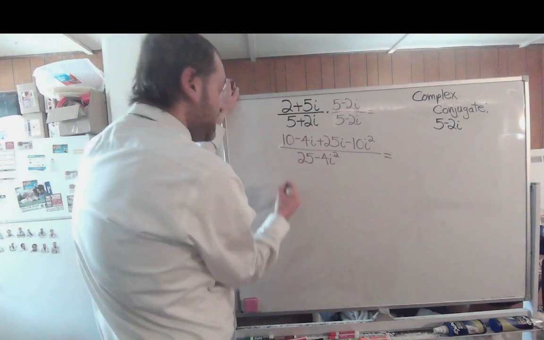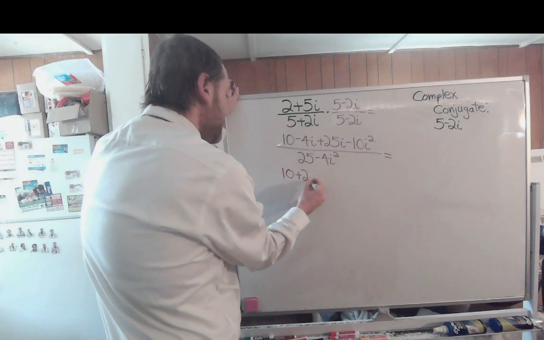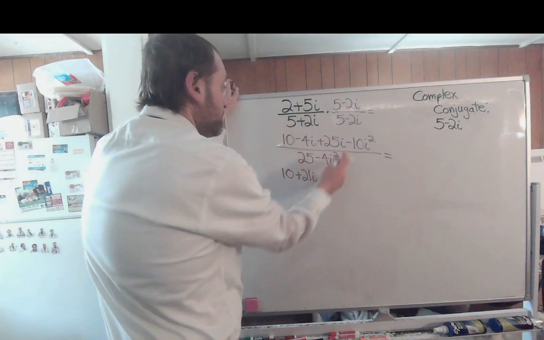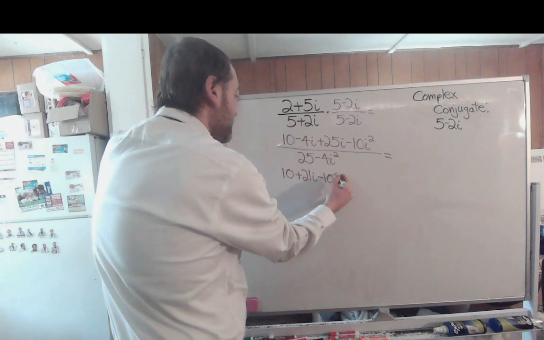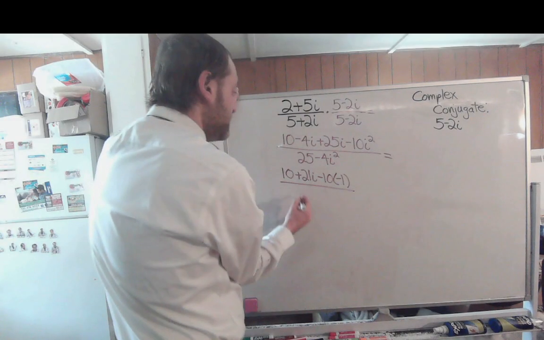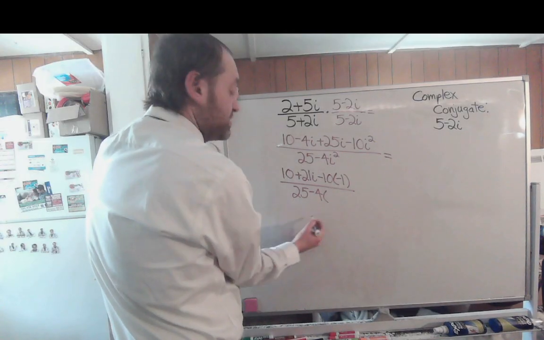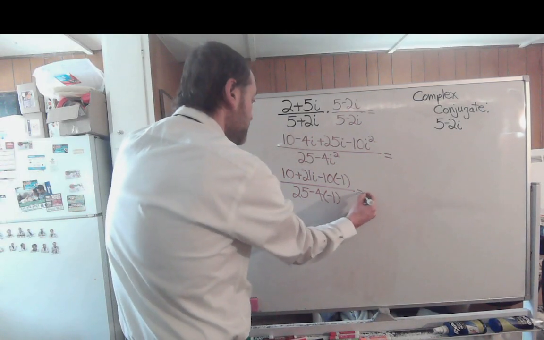So let's simplify the top. You would end up getting 10 plus 21i minus 10 times that i squared, which is actually negative 1, all over your denominator. 25 minus 4 times what is your i squared? That's also negative 1.